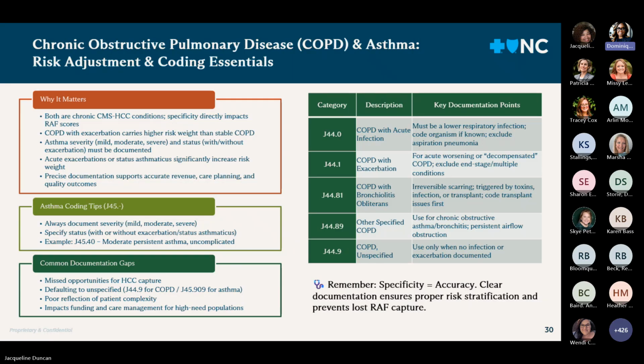To support accurate coding, providers should document severity, exacerbation status, infection details, and complications, and coders should select the most specific ICD-10 codes supported by the provider's documentation. Query when details are unclear, especially for overlapping conditions like asthma and COPD.